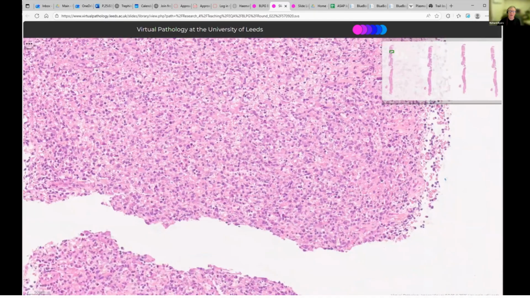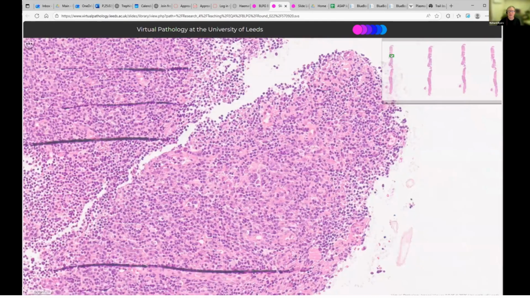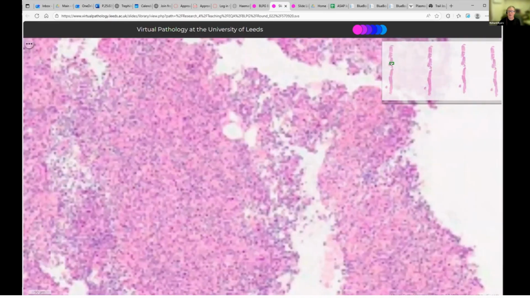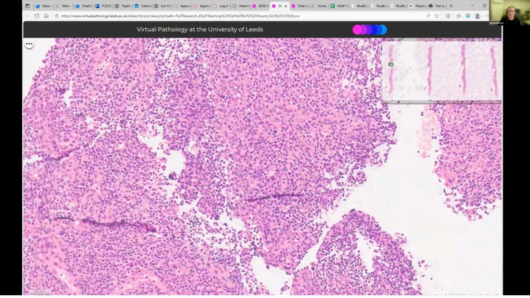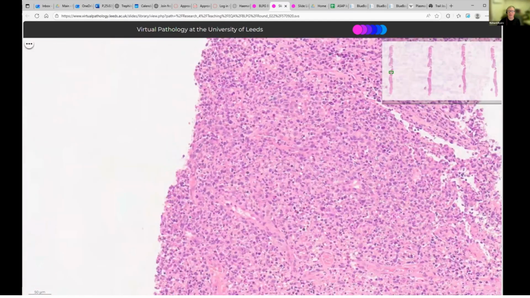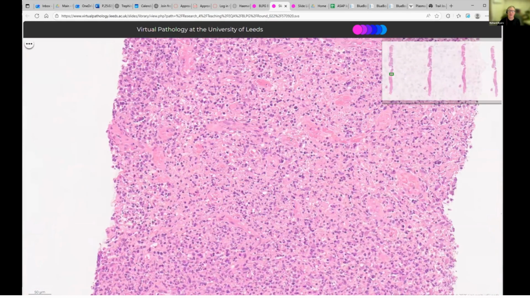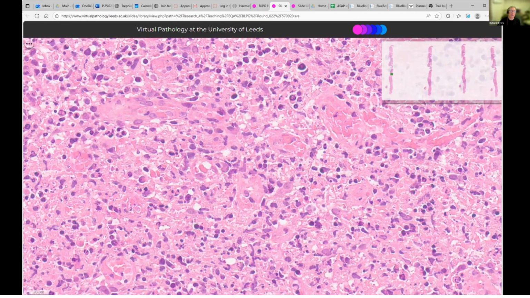And we go down here, we've got another area of fairly large, slightly atypical lymphoid cells. And we go down the biopsy, we've got more of this, no particular architecture that I can see. Again, another slightly necrotic area with lots of these karyorrhectic cells and lots of bits of nuclear dust and debris.